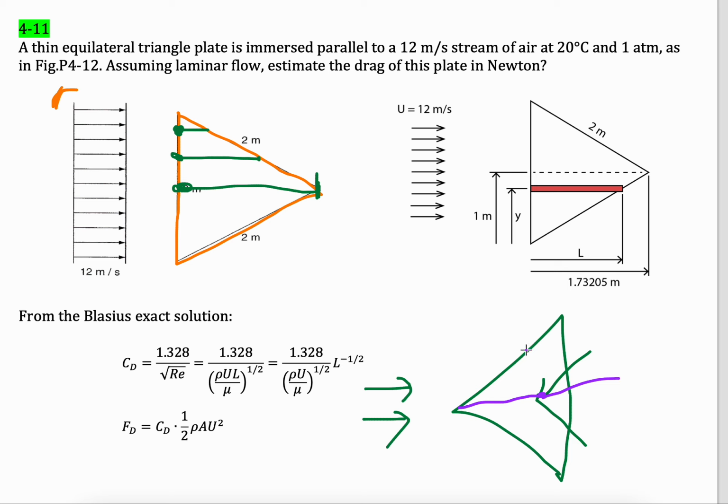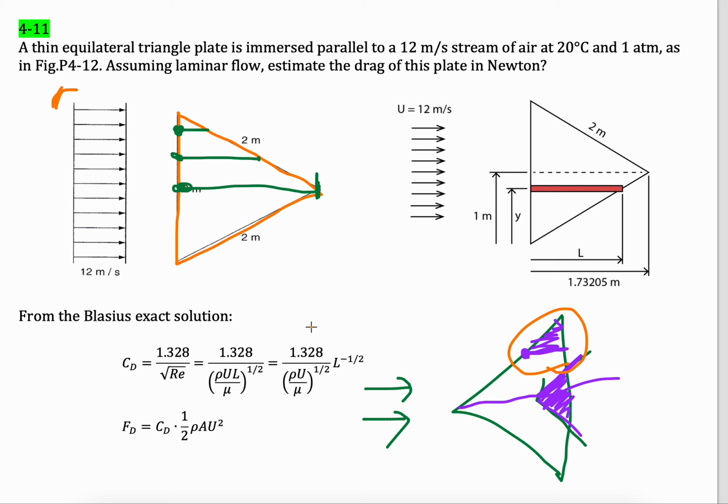However, for flow in this area, because the distance is short, maybe it will only have a laminar boundary layer. So from this point we need to calculate both the laminar and turbulent boundary layer, but for this region we only calculate the laminar boundary layer for lift and drag calculation. This is the complexity of this shape.